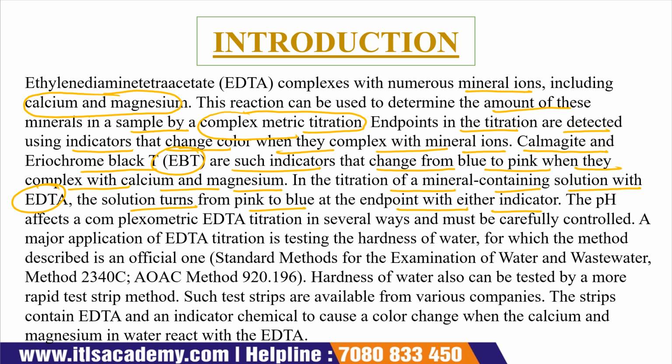The pH also affects the complexometry of the EDTA titration in several ways and must be carefully controlled. This pH is very important when we do the titration method for finding the hardness of the water. So we also have to monitor this.